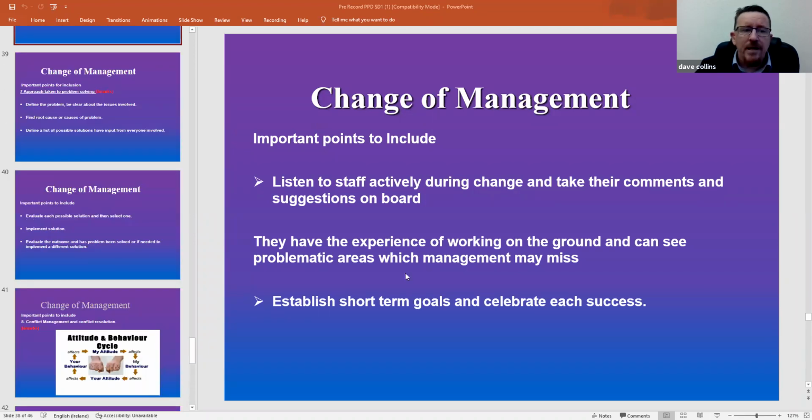Like I said, establishing short-term goals is a good thing. It gives them something to look forward to, rather than the end goal at the end of the rainbow, which may take a bit longer. Give them some short-term goals that they can celebrate when they achieve them.